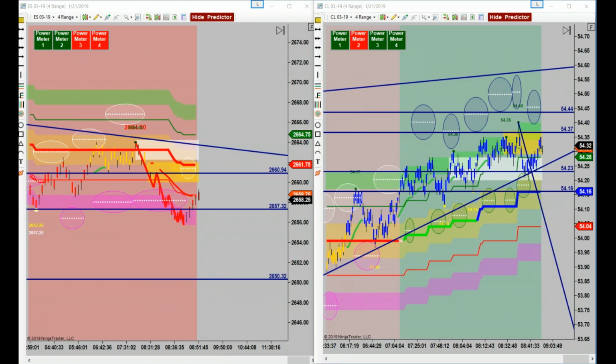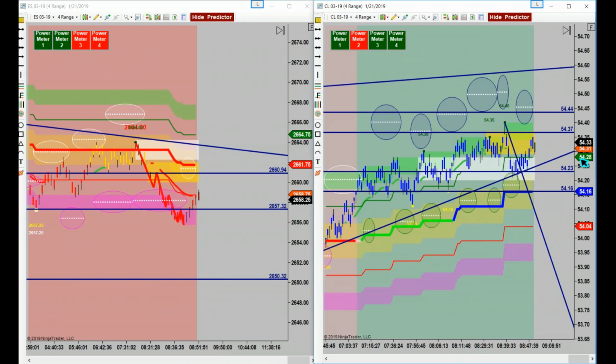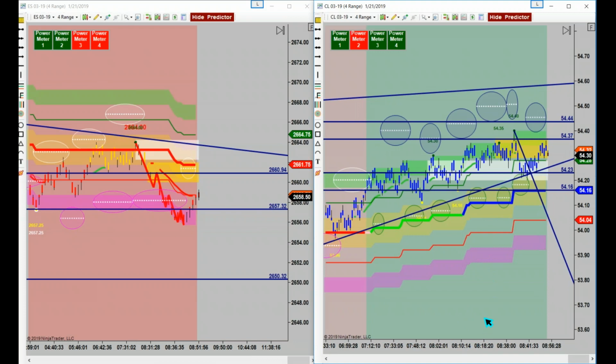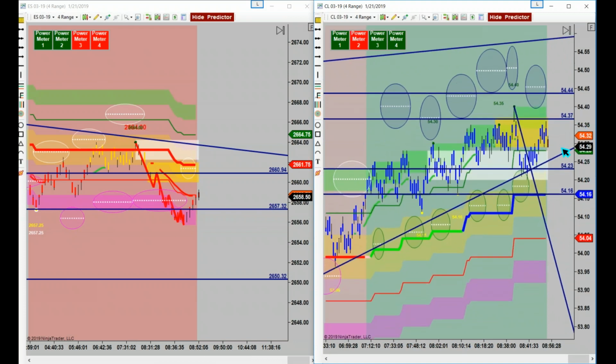ES is trying. Here you go, just hit 37 again. They pull back. Got to have that target sitting there, basically fading it just a couple of ticks so you get your target. See if it goes on up.